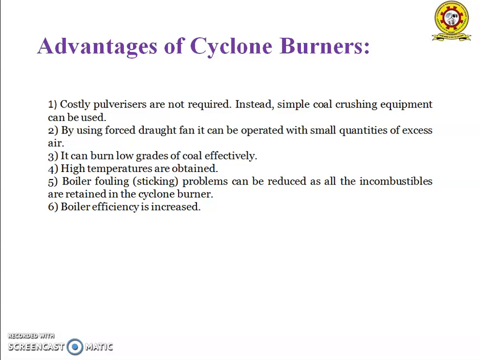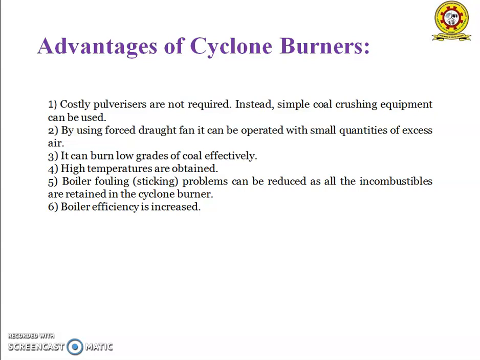Cyclone furnaces can successfully burn coal having a low ash fusion temperature. The cyclone furnace is operated under combustion air pressures of 700 to 1000 mm of water gauge. Cyclone fired boilers have the advantage that quick load variation can be easily handled.